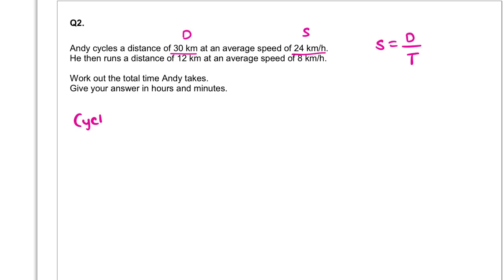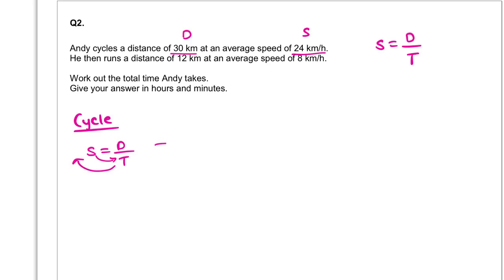So if we just look at the cycling, okay, I know that speed equals distance over time. I'm missing the time. Okay, so distance times speed is not going to give me it. Okay, it's distance divided by speed. Remember, if we're going to multiply both sides by time and then divide both sides, yeah?